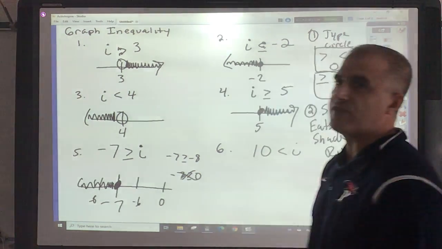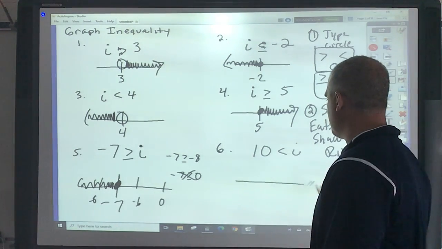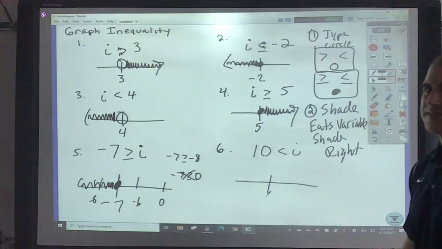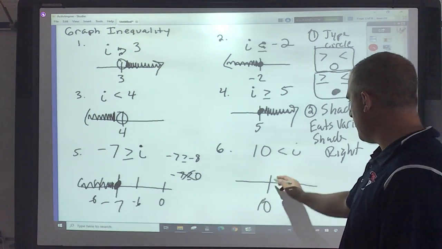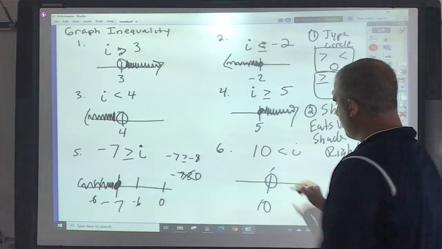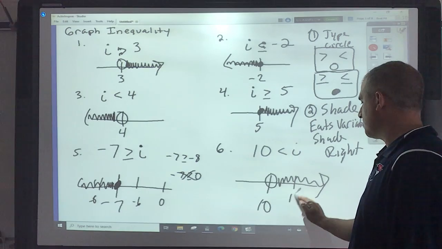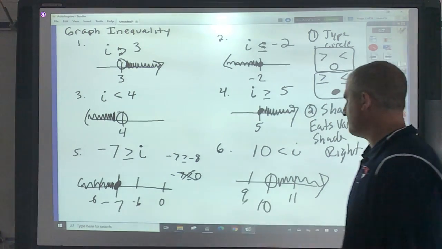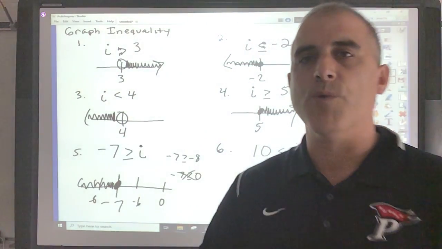So always follow the rule: eats the variable, shade to the right. I'll do that example over here with 10. Maybe it makes more sense because it won't have as many negatives. Okay, so I got 10, I got an open circle. It's eating the variable, so I shade to the right, okay? Why is that? Because let's say this is 11 and this is 9. The shading is where the inequality works.